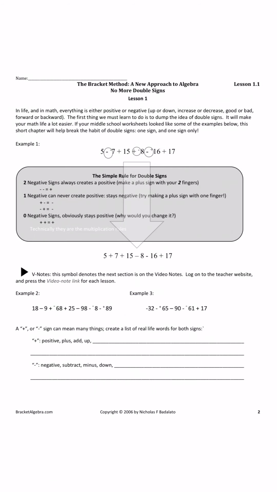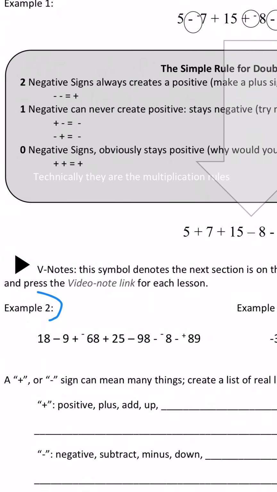Let's look at our two examples. Over here in example 2, we're just going to go through the problem. Let's expand example 2. So if we write this problem out with one sign only, one sign, and now we get to the double signs.